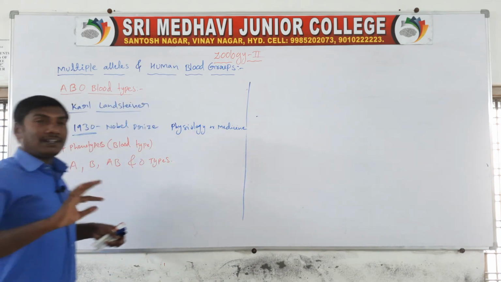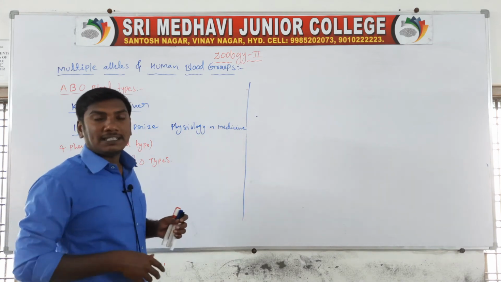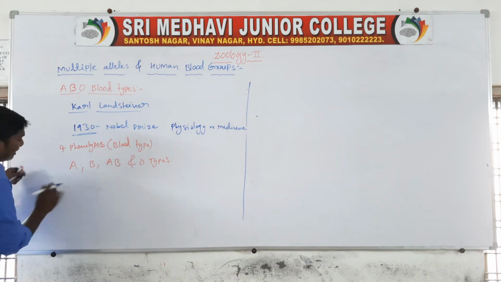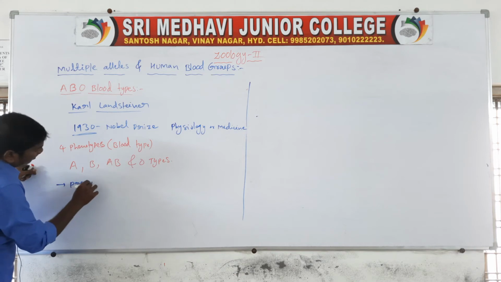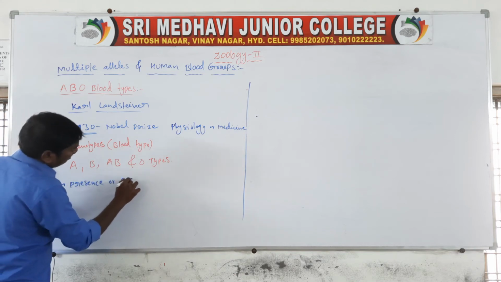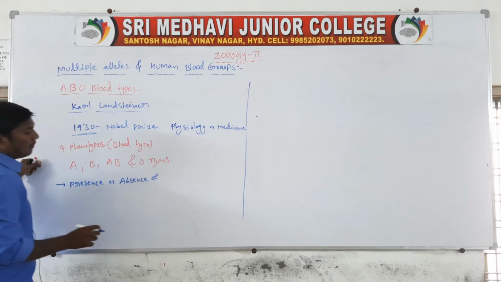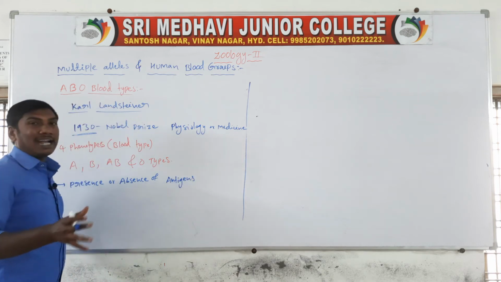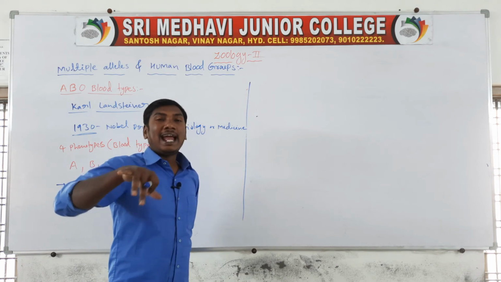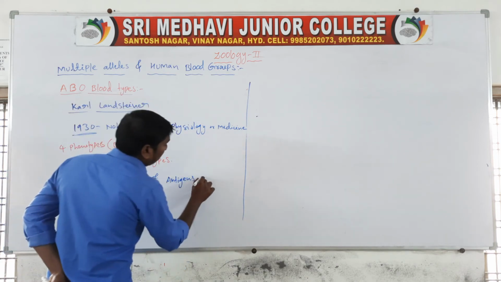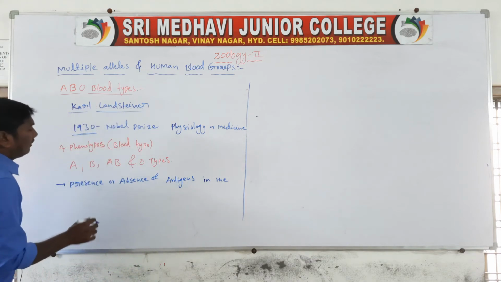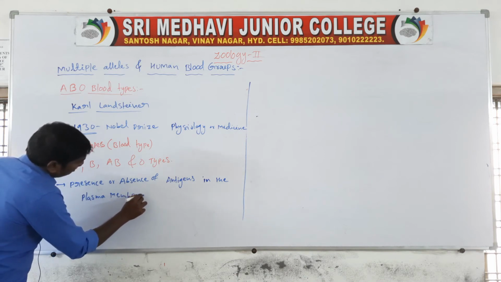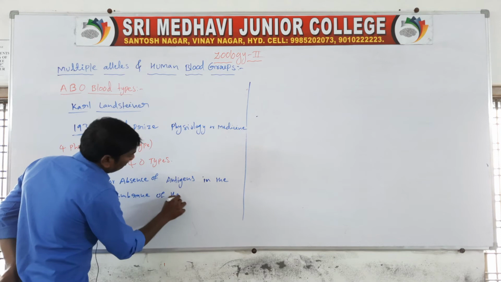Next, the blood groups are identified based on the presence or absence of antigens in the plasma membrane of the red blood cell.